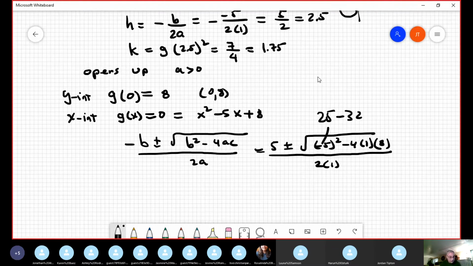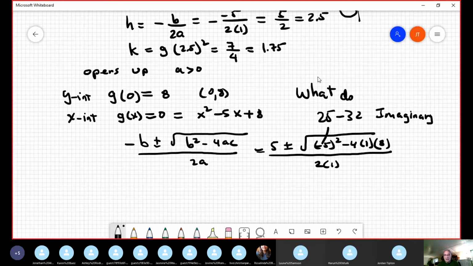And 25 minus 32 is a negative number, right? A negative number inside the radical means imaginary. And when you try to find something in algebra, and the answer is imaginary or complex, what does that mean? It means it doesn't exist.